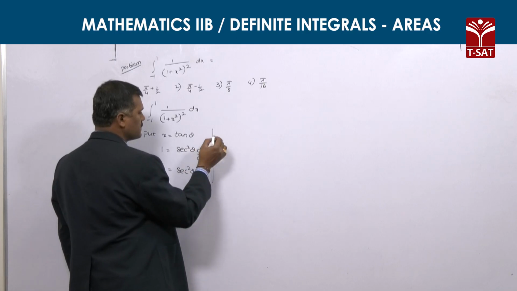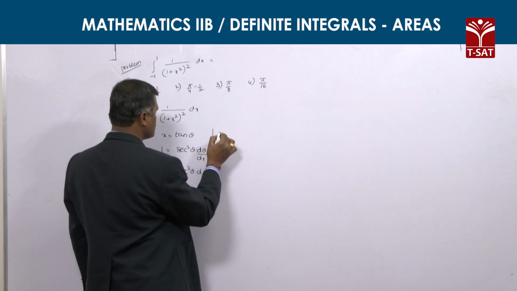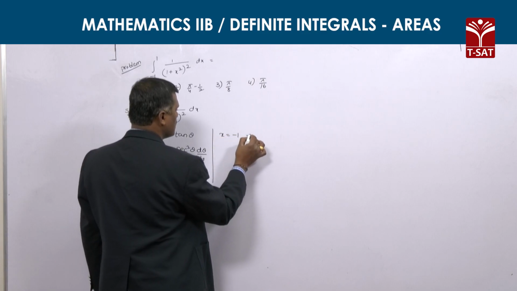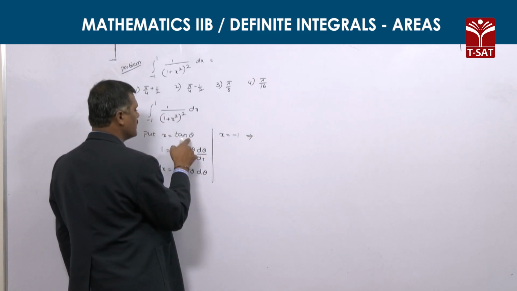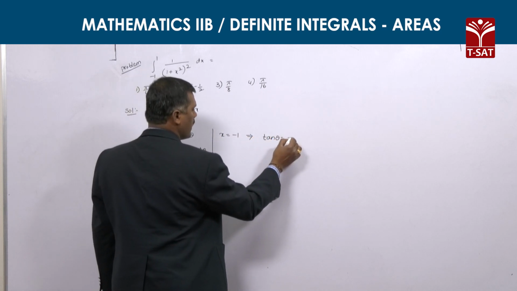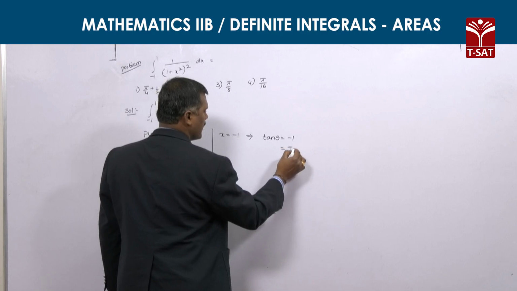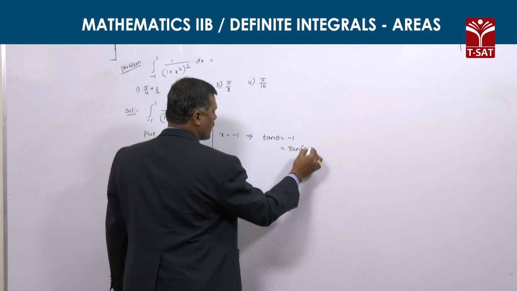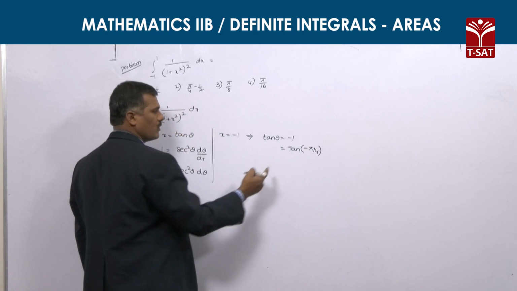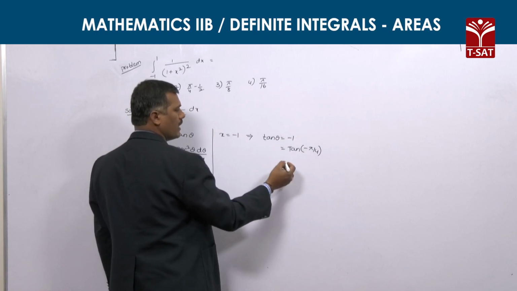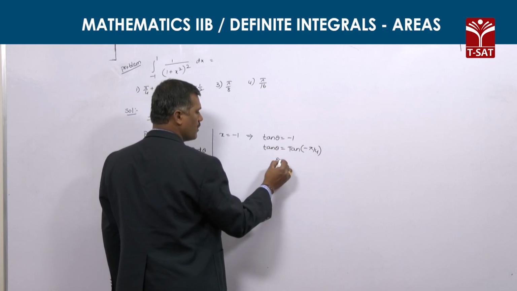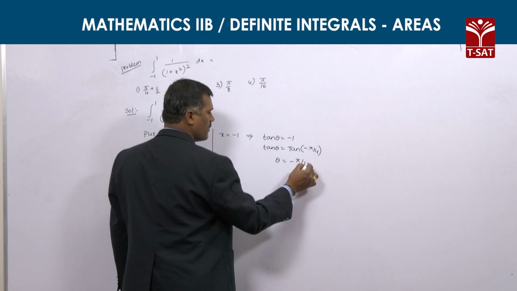Whenever you are substituting another variable, the limits also change. For x equal to the lower limit, minus 1, that implies minus 1 is equal to tan theta. Therefore, tan theta is equal to minus 1, and this can be written as tan of minus pi by 4, since tan pi by 4 value is 1. So tan theta equals tan of minus pi by 4, theta is equal to minus pi by 4.